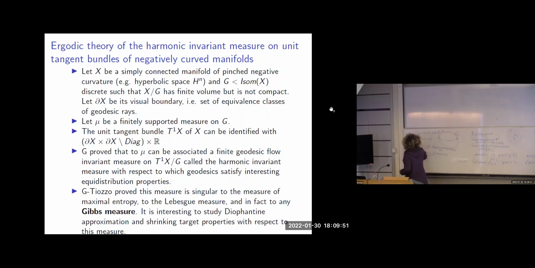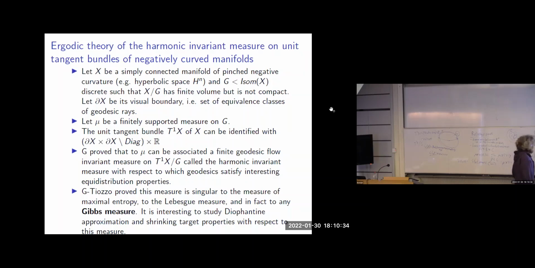And if you quotient out by some discrete group of isometries, you have a measure on the unit tangent bundle of the quotient manifold. And so I proved that if this quotient manifold has finite volume, or in fact is geometrically finite, this is a finite measure in the unit tangent bundle of the quotient, and the geodesics satisfy interesting distribution properties with respect to this measure.